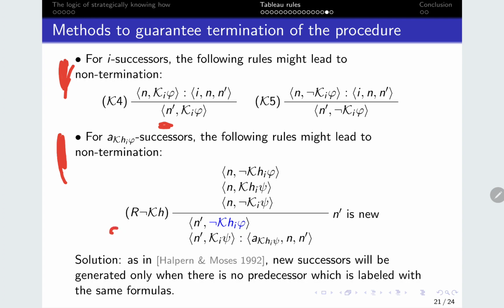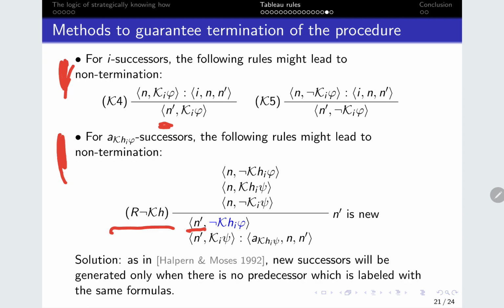And for the negation know-how rules, we know that for each action successor N prime, it will inherit the negation know-how formulas. This means the formulas labeled on the successors might have the same length as the formulas labeled on the predecessors.